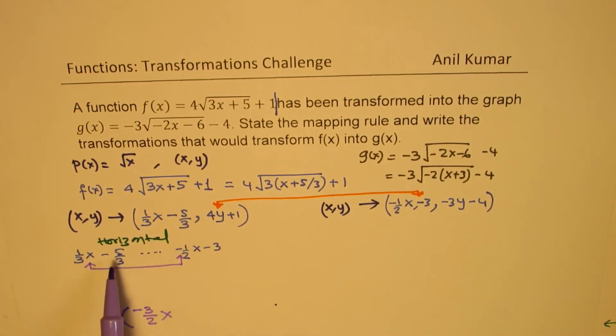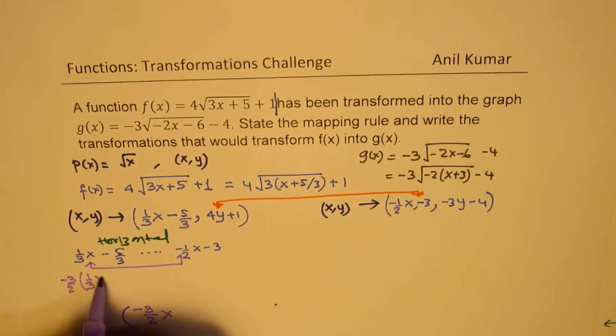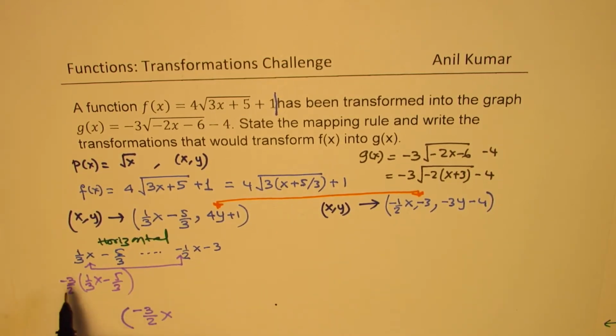Correct? Now, the translation part. Since we multiplied this by minus 3 over 2, let's actually do it. So we do minus 3 over 2 times 1/3 of x minus 5 over 3. That gives us what? Well, when you open, you do get minus half x here, but this becomes plus 5 over 2.